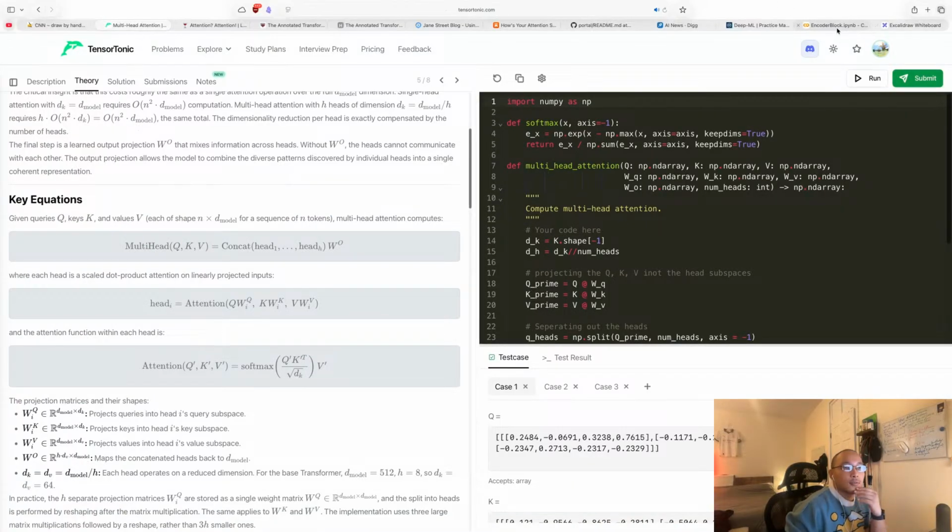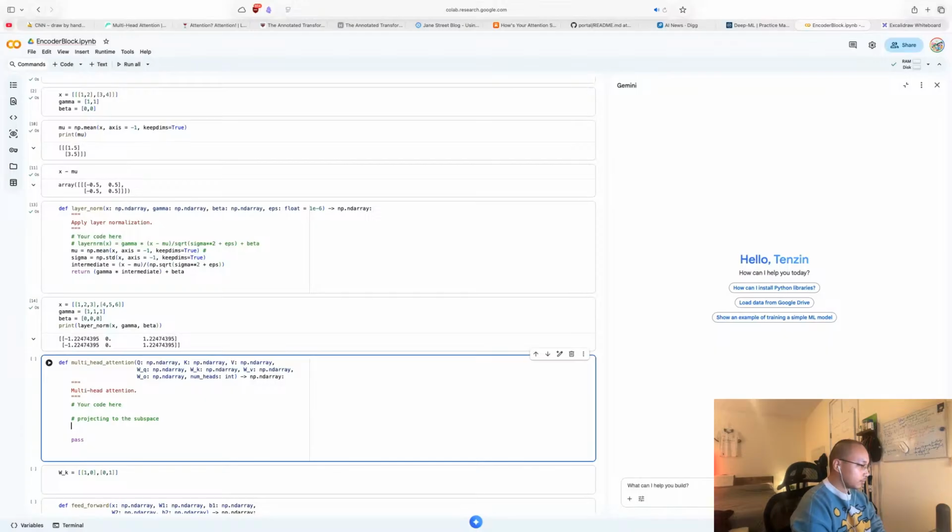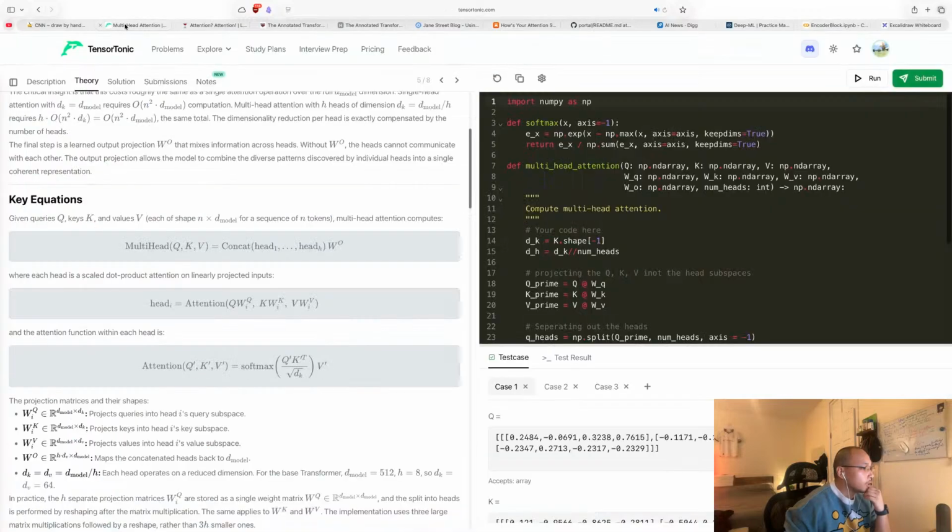You can just first do the projecting to the subspace, which is Q prime goes to Q, where Q would have the dimensions of... and here I don't understand if this is the same.